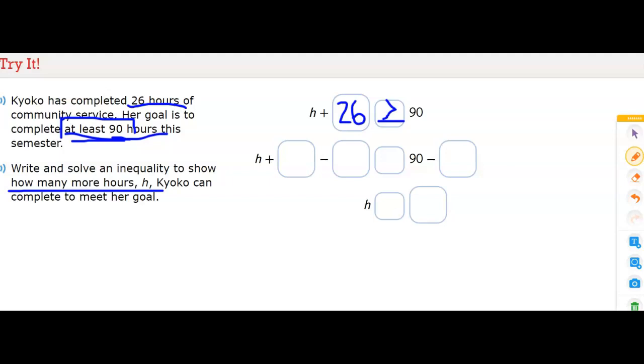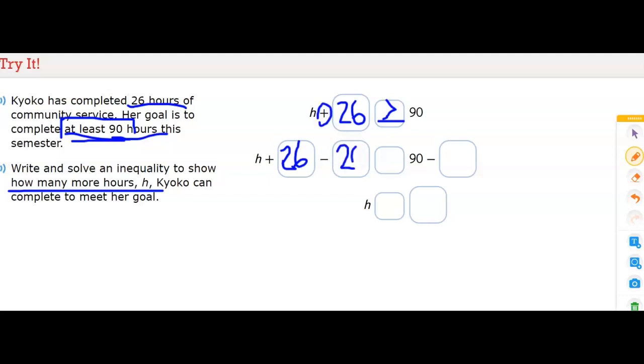So now that we have our inequality, h plus 26 is greater than or equal to 90, we need to solve this inequality. We're going to take the 26 and subtract it, because that's the inverse of the addition here.